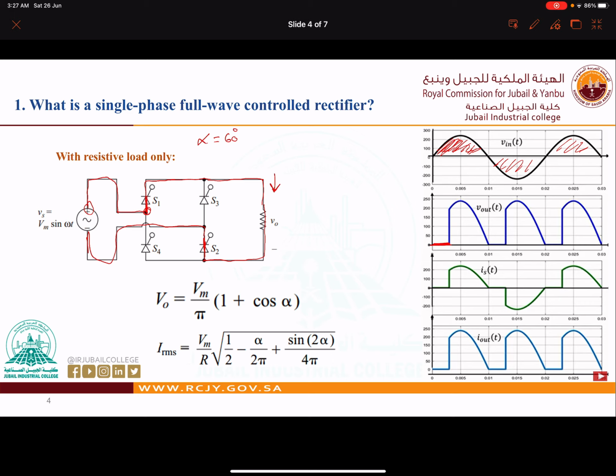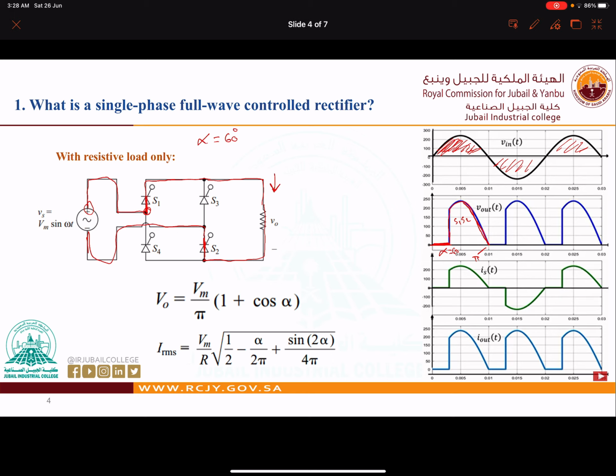After 60 degrees we will have a triggered voltage, and it will reach up to pi. Here alpha is 60 degrees, here we have pi. This is for S1, S2.